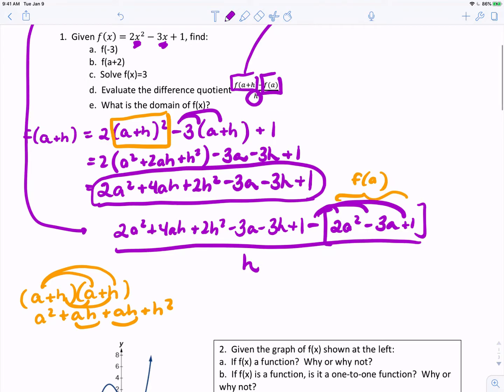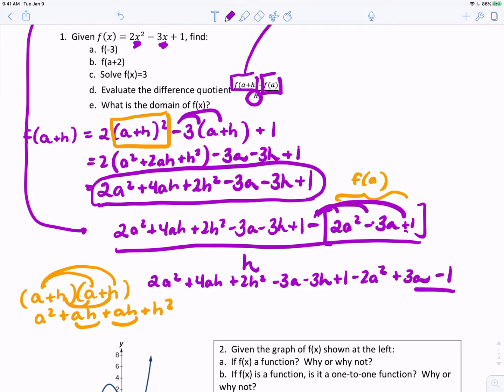All right, so here we go. 2a squared plus 4ah plus 2h squared minus 3a minus 3h plus 1. Now we're distributing the negative sign. That's minus 2a squared. A negative times a negative gives us a positive 3a, and a negative times a positive gives us -1, all divided by h.